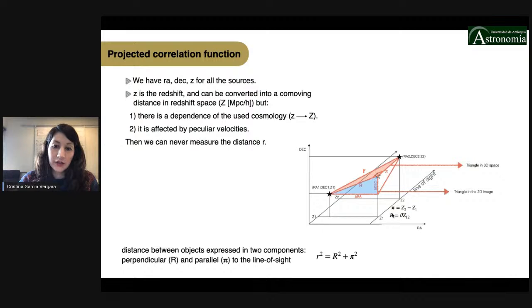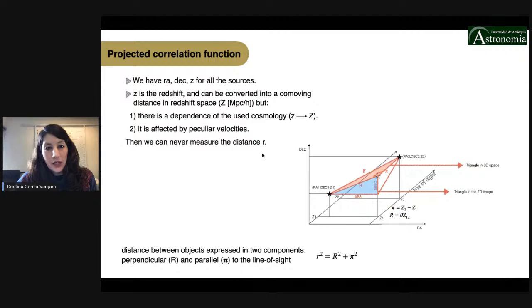Then basically big R is in physical units, megaparsec or kiloparsec. Then we have much more information than in the other case. Then just by simple geometry, you can see that the 3D real distance between the two objects can be written by separating two components, the component parallel to the line of sight and the component perpendicular to the line of sight.